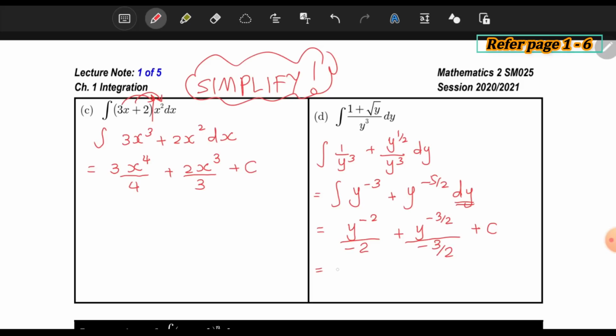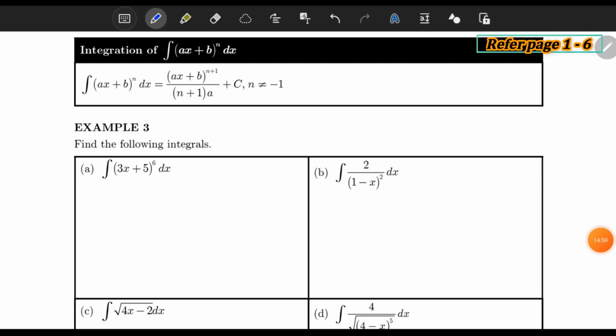And the final answer is negative 1 over 2y squared, and then minus 2 over 3y power of 3 over 2, plus c.